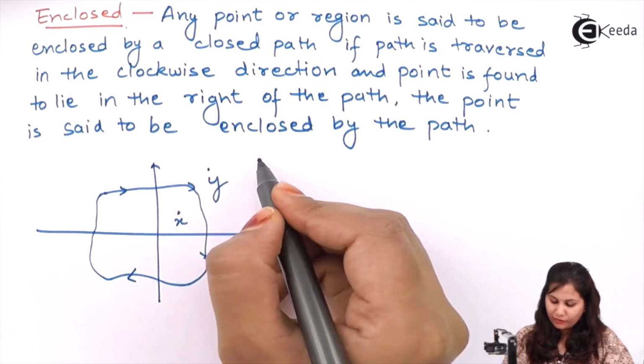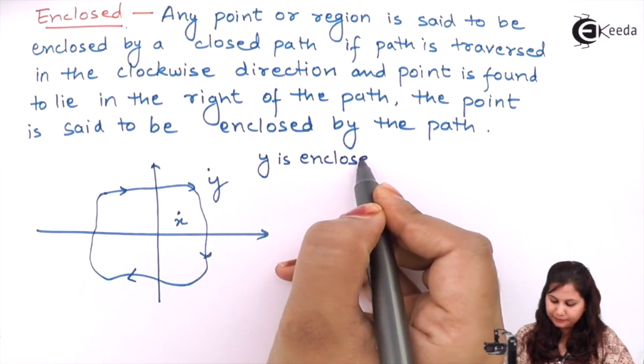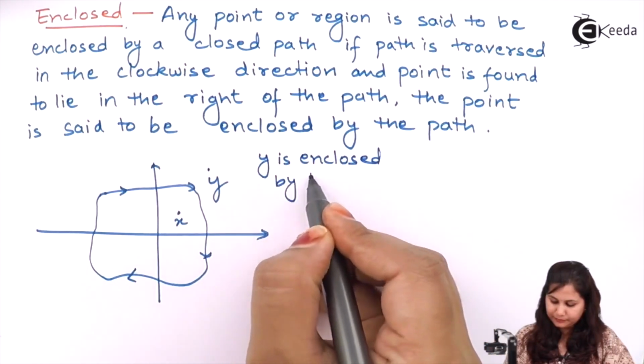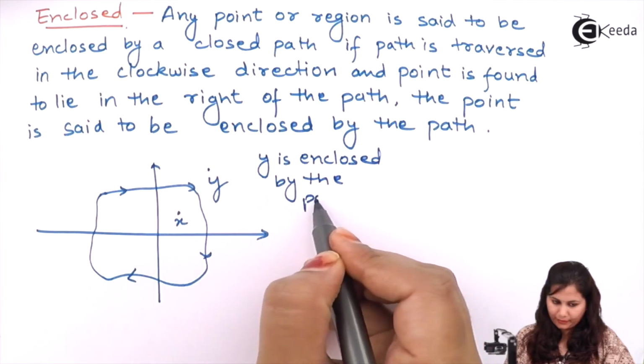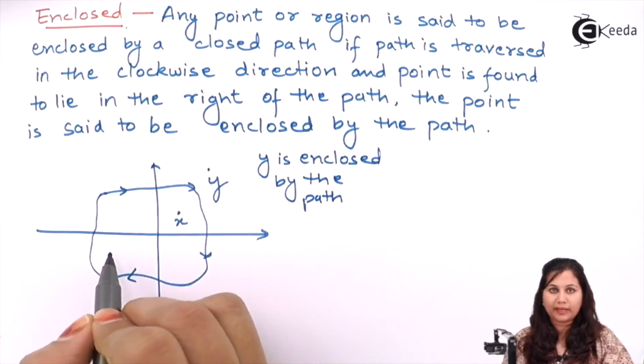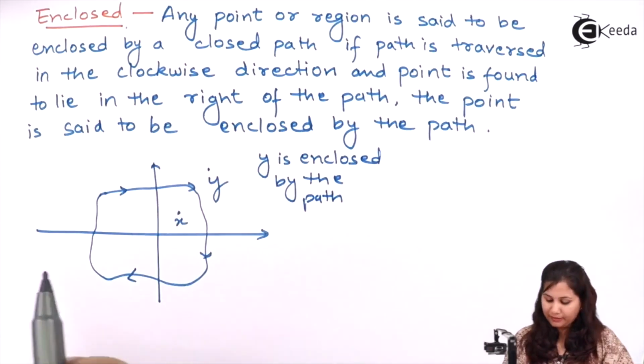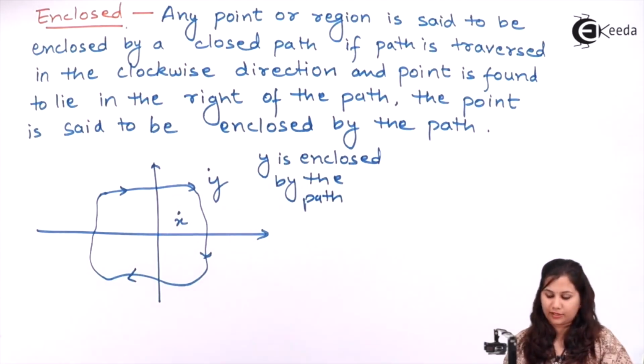So this point Y is enclosed by the path. The point X is not enclosed by this path because it is not lying on the right hand side of this path while traversing in the clockwise direction.